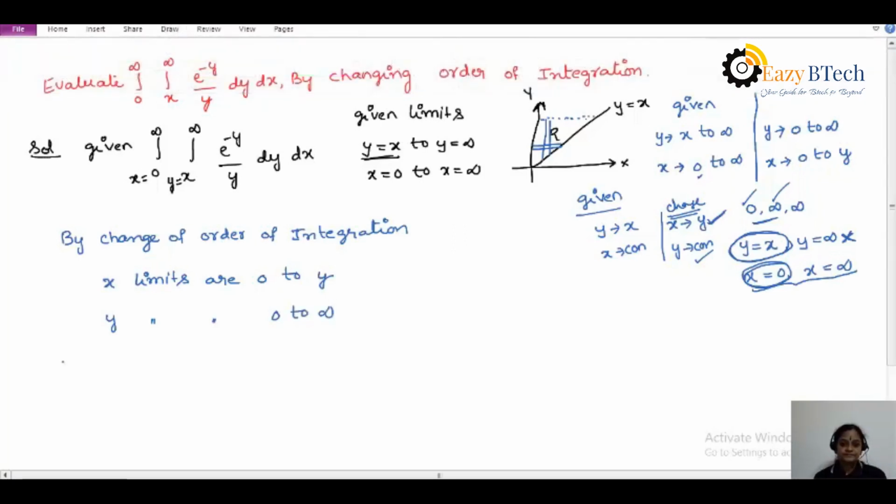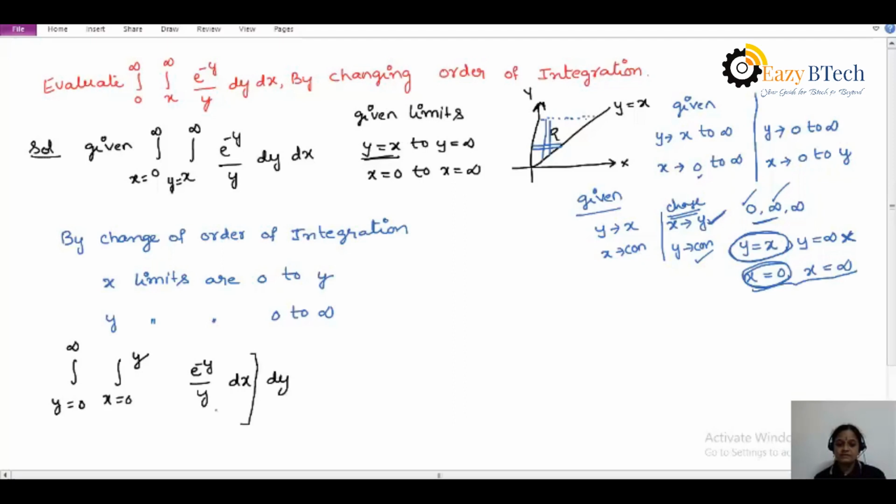Now I am doing the integration. X limits 0 to y and y limits 0 to infinity, then e power minus y by y. At first writing dx and then dy.